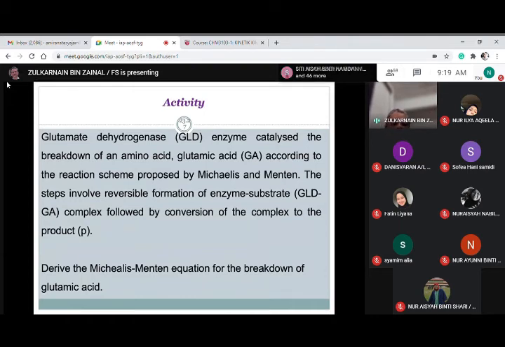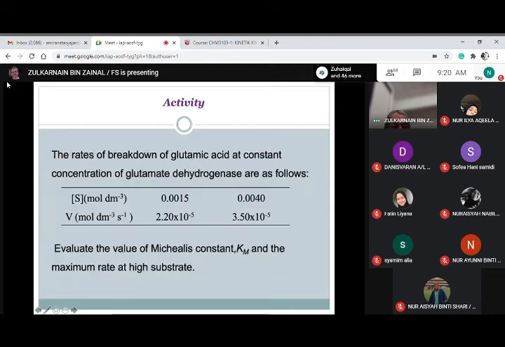The steps involve reversible formation of the enzyme-substrate complex, followed by conversion of the complex to the product. Okay, this is the normal enzyme reaction that we have just seen. The only thing here is that you have the substrate, and the enzyme which is GLDH.